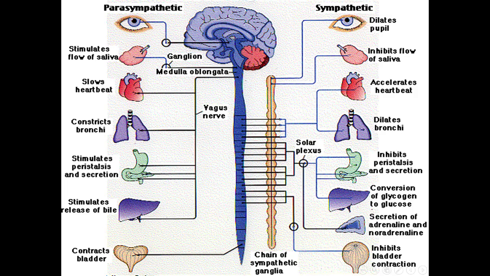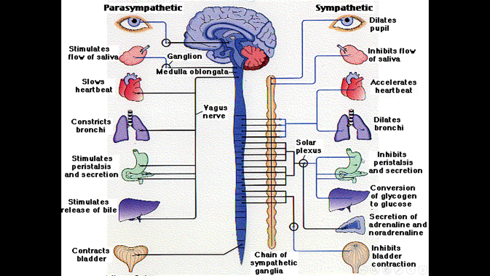The stomach, the liver, the salivary glands, and also the gallbladder. These become inhibited. But the sympathetic dilates the bronchi, increases the heartbeat, and increases deep breathing. It dilates the bronchi, giving deeper breathing.